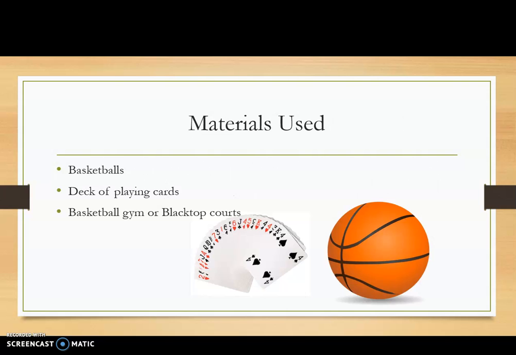The materials that will be used for this lesson will be one basketball per partnership, as well as one deck of cards for the group, and then either at the school basketball gym or at the school blacktop courts. Any place that has a sideline and a full basketball court on campus.